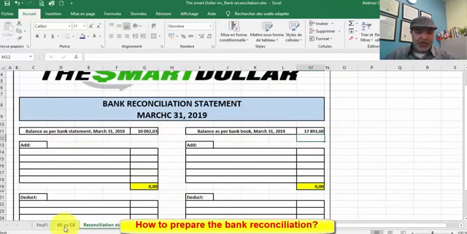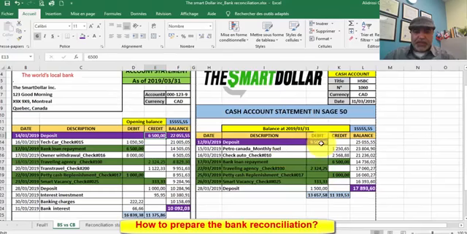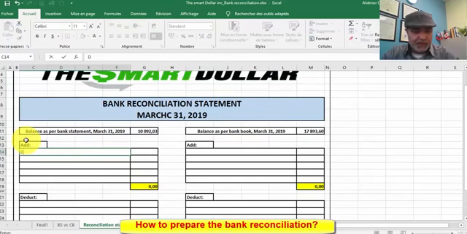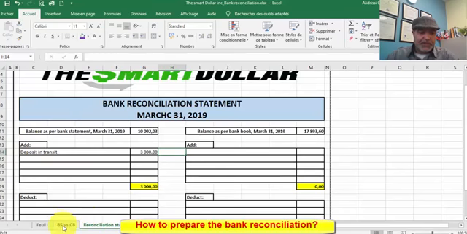So as I told you, this deposit, we deposited 9,500, but we found 6,500, so difference 3,000 should be here to be added here. Okay, deposit in transit, how much? 3,000.